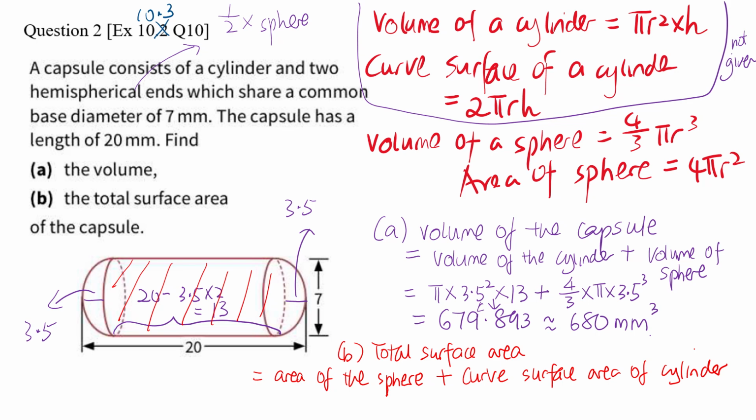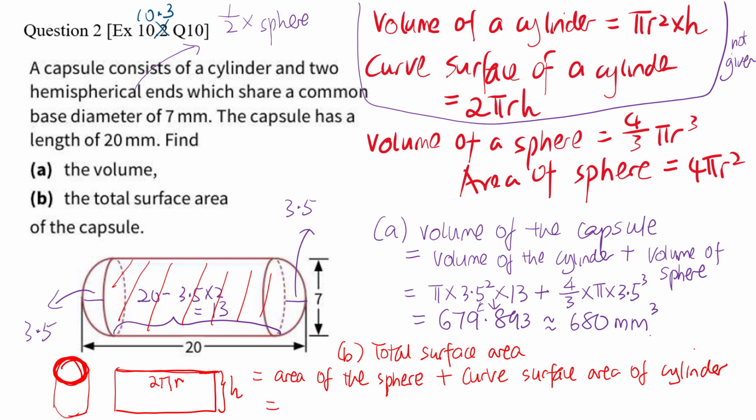When you open up a cylinder like a container, it actually forms a rectangle, where the circumference of the circle will become the length of your rectangle. To find the circumference of a circle, it's 2 pi r. And this is your height. So that explains the formula for curved surface area of a cylinder, why it is called 2 pi r h.